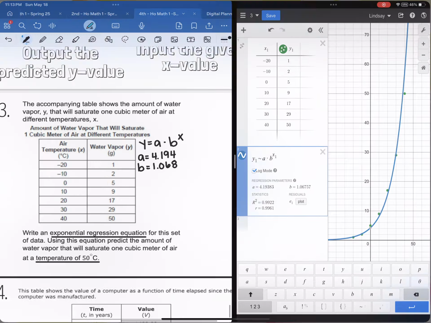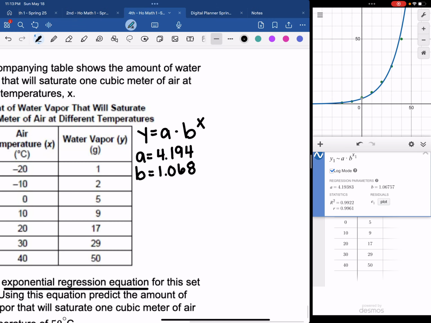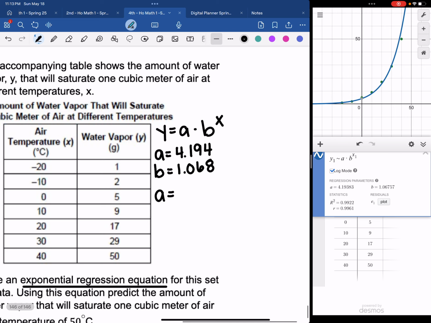And again, we could go and say that our initial value would be like how much we're comparing for the water vapor initially, like 4.194. That would just be the initial value. I can't necessarily say that would be initially because we are going into the negative this time. We normally don't go into the negative, but because we are going into the negative, it's kind of hard to say that's the initial value.